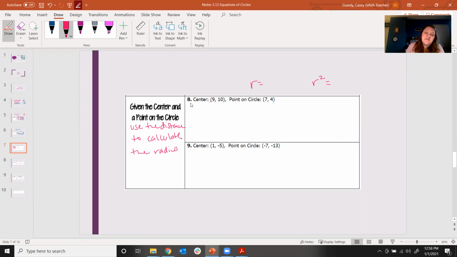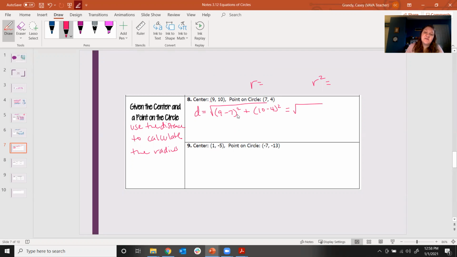So you can call it d for distance if you want, or you can call it the radius, it's the same thing. Okay? It's the distance between the center and the point. So the distance formula says subtract your x values and square them, subtract your y values and square them, and then take the square root. Okay?